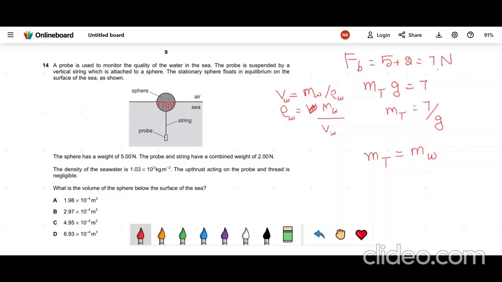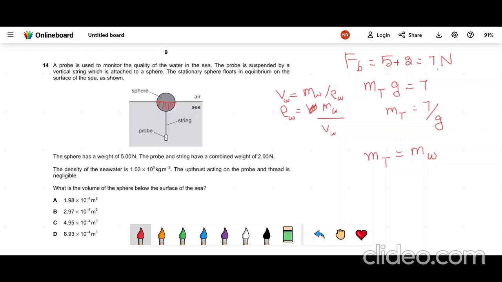That is, the mass of the sphere and the string will be equal to the mass of water displaced. So the total mass can be taken as the mass of water.